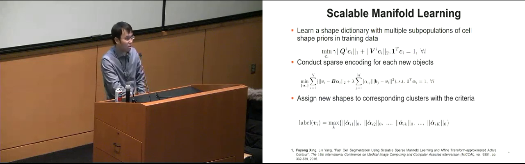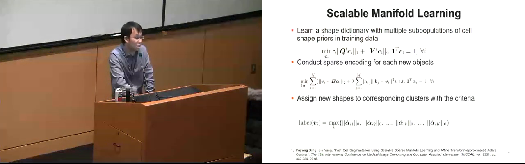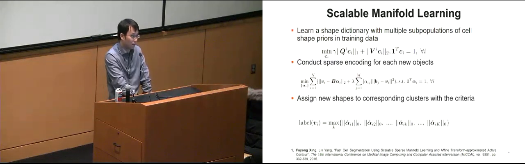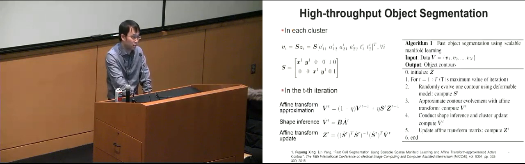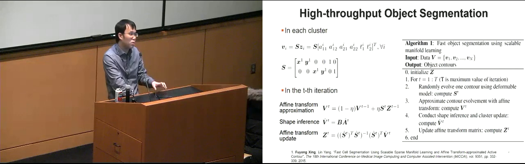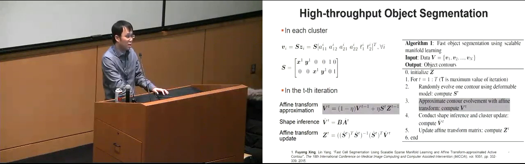So these are the three steps of the scalable manifold learning algorithm we developed two years ago. And the entire algorithm is shown in the table on the right. We will not go into the details yet. In summary, given the new image data, we do the grouping, and similar cases are in the same cluster, and within the same cluster, we only randomly pick one to do the contour deformation by solving the Euler-Lagrange equation.